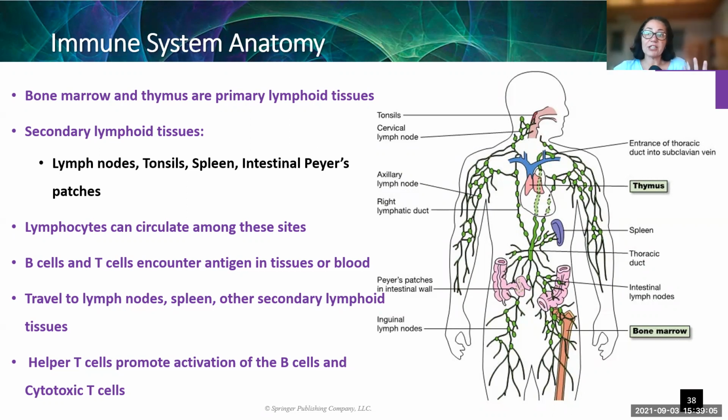It's a sign of infection because we have all of these lymphocytes there trying to fight this infection. In these sites, we have the helper T cells that have been stimulated by the antigen presenting cells. It's the helper T cells that go about activating the B cells and the cytotoxic T cells.